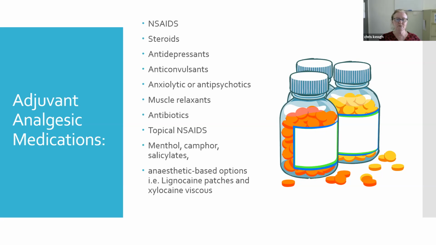Or the other ones we can use is lignocaine patches. And sometimes when people have ulcerated mucous membranes in their mouth, or they've had radiotherapy, xylocaine viscous can be taken as a topical.